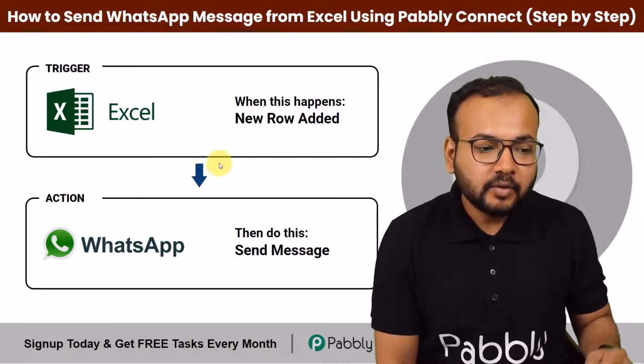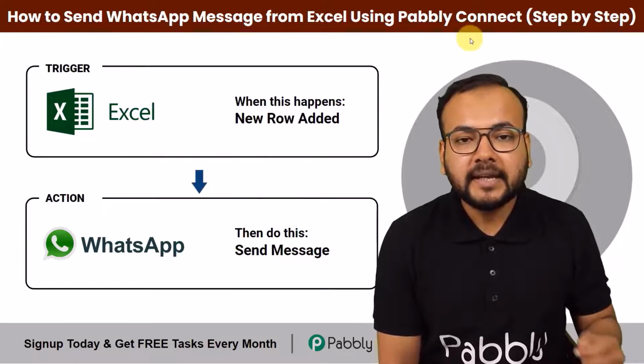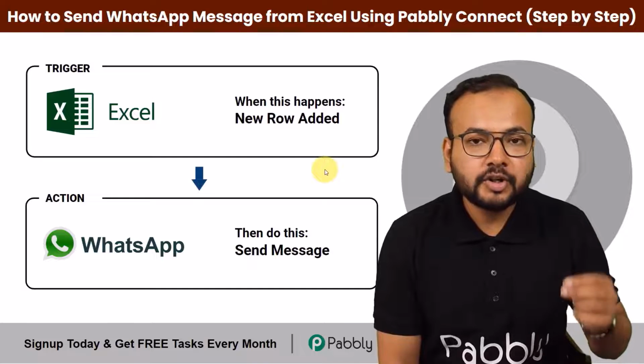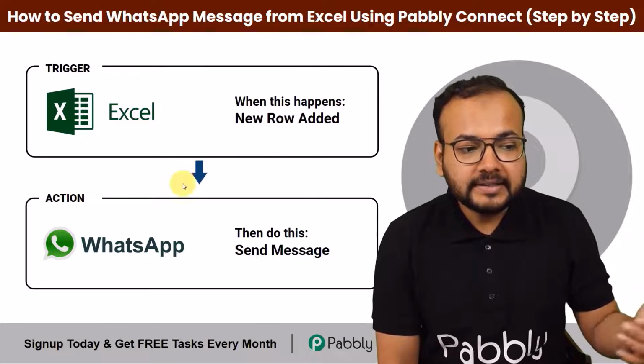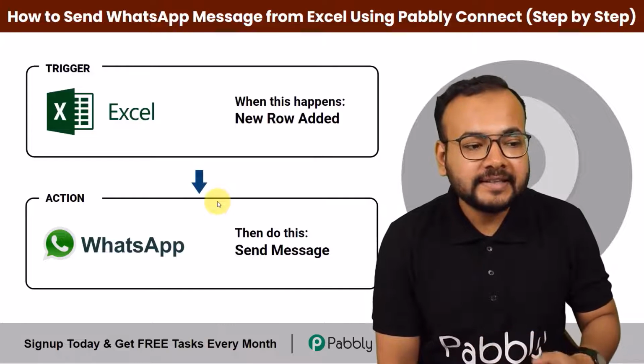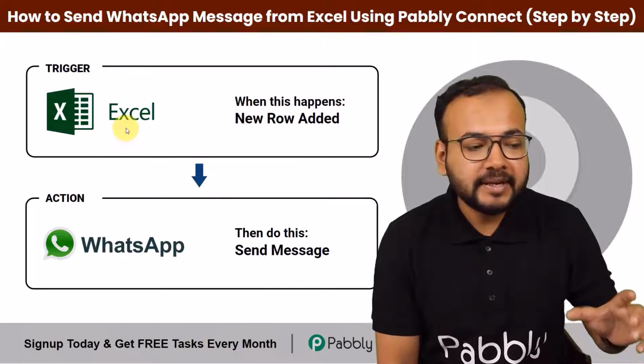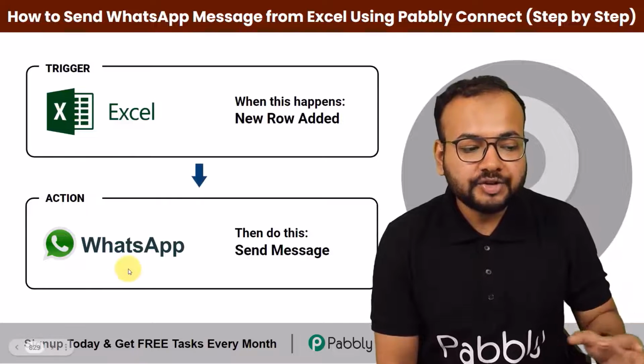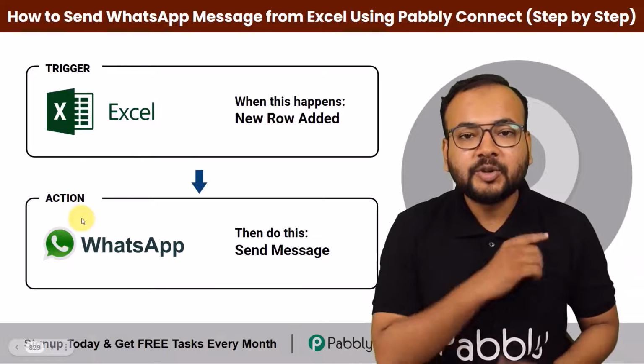Yes guys, and we are going to set up this automation using Pabbly Connect, which is an integration and automation tool, and we are going to make this connection between Excel and WhatsApp without any coding very easily, just by connecting the Excel application as our trigger app and WhatsApp as our action app. Let me show you how.